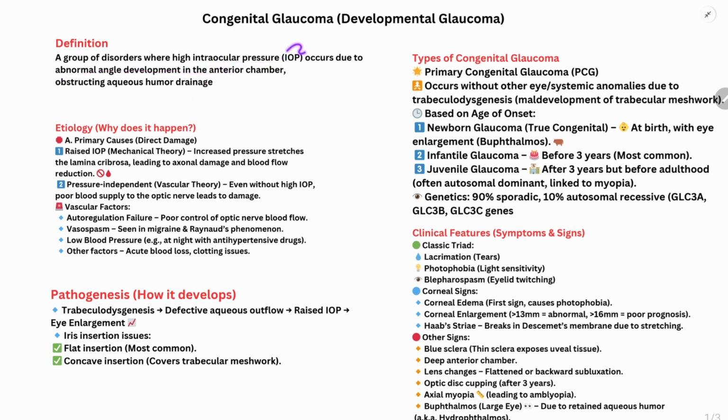So there is an increase in the intraocular pressure due to abnormal angle development in the anterior chamber. Because of this angle defect, the aqueous humor is not draining outside through the trabecular meshwork or uveoscleral drainage. So because of that, the condition congenital glaucoma takes place.